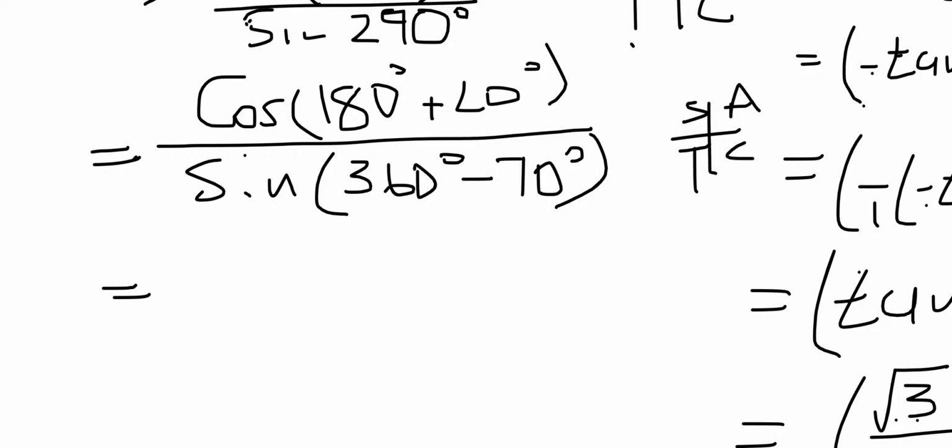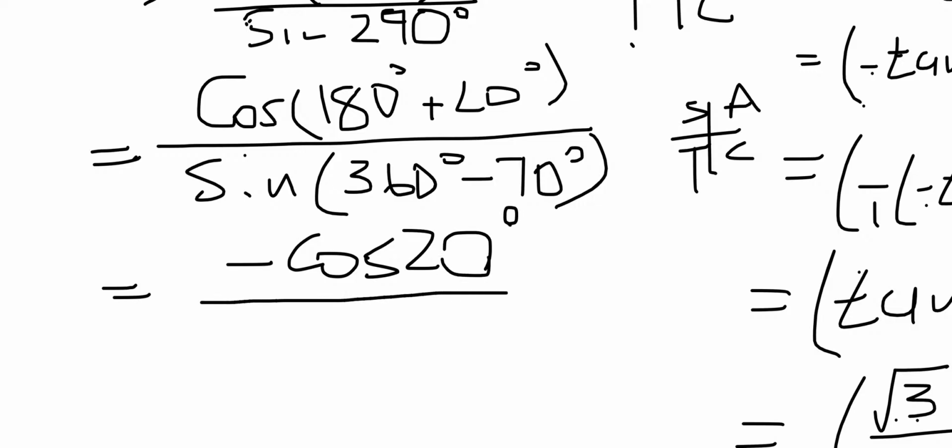Cos 180 plus falls in quadrant number 3, and in that quadrant, cos is negative. So that means you will have that negative cos 20. And then sine falls into 360 minus, quadrant 4, and in quadrant 4, sine is negative.